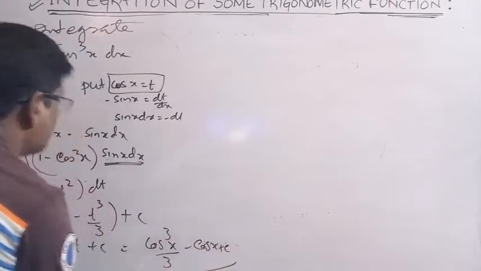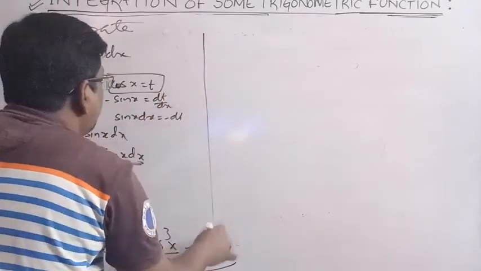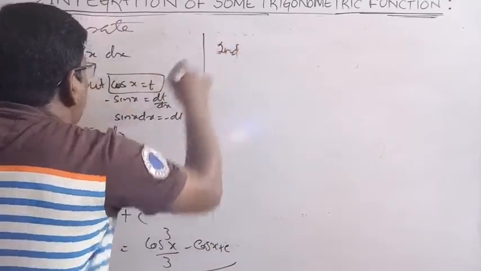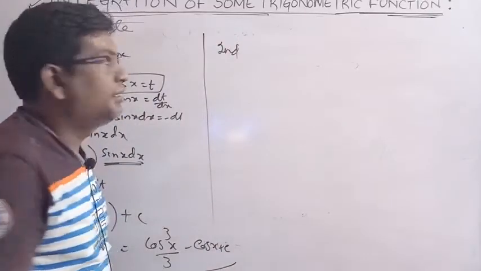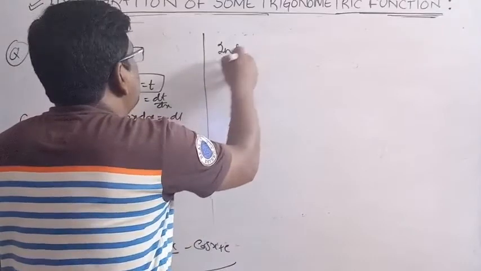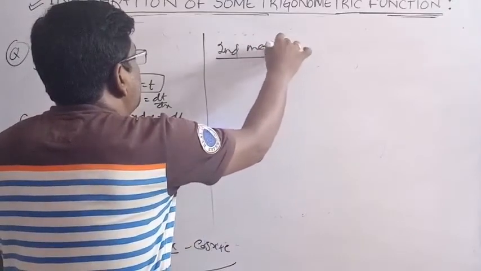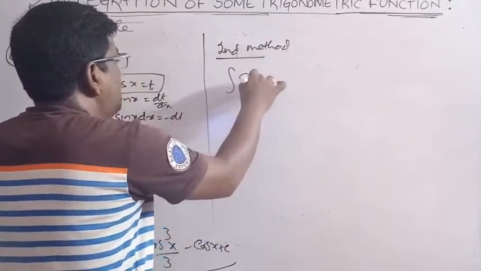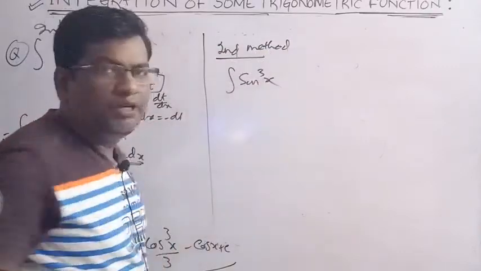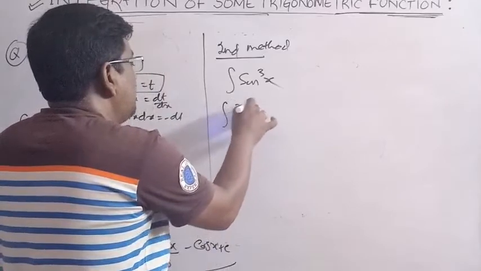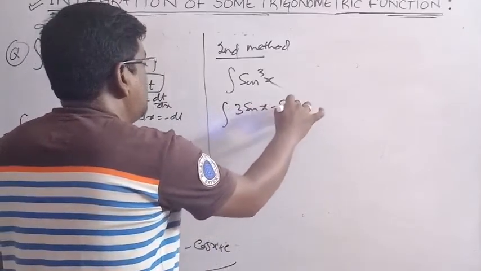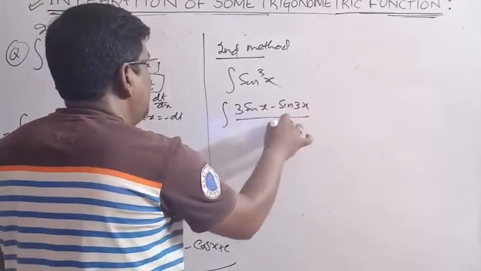This is the answer. Another way, second method, particular formula for sin cube x. Integration of sin cube x: we know sin cube x means 3 sin x minus sin 3x divided by 4, dx.